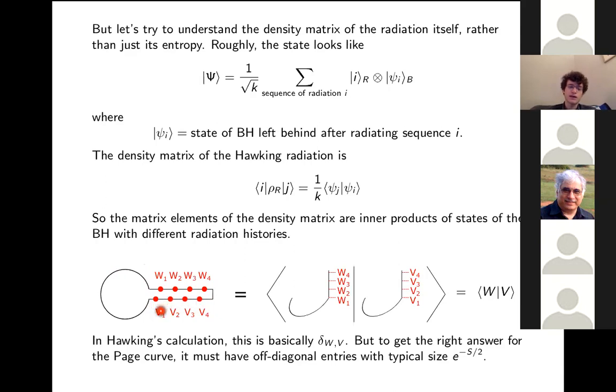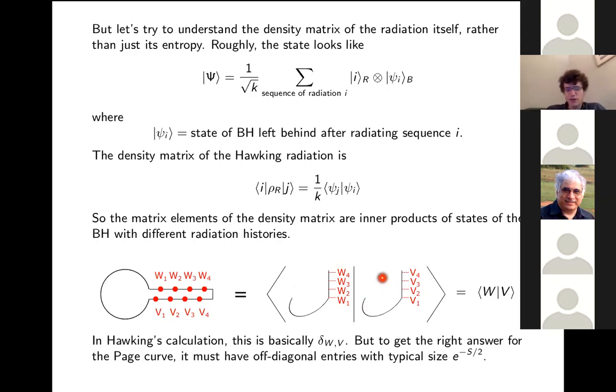We've forced the black hole to first radiate this particle, and then that particle, and then this particle, and so on. And that time contour computes the inner product of these two states. One state corresponds to a history of Hawking radiation labeled by these V operators, and another state corresponds to a history of Hawking radiation labeled by the W operators.